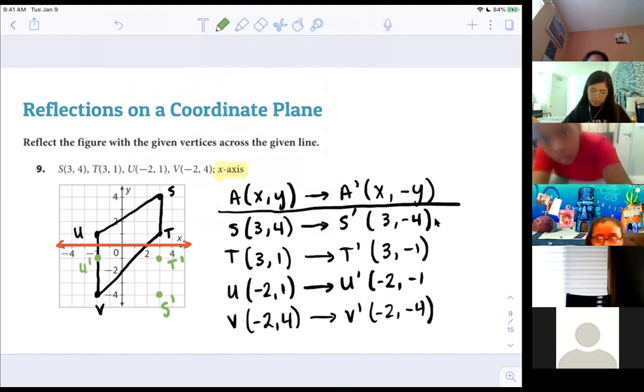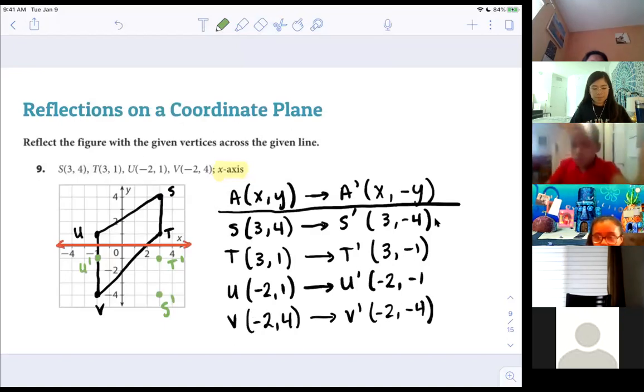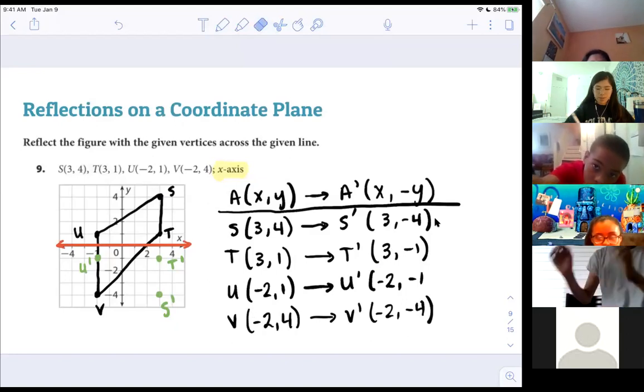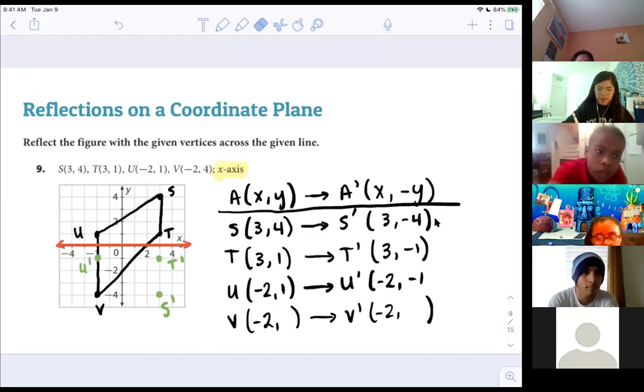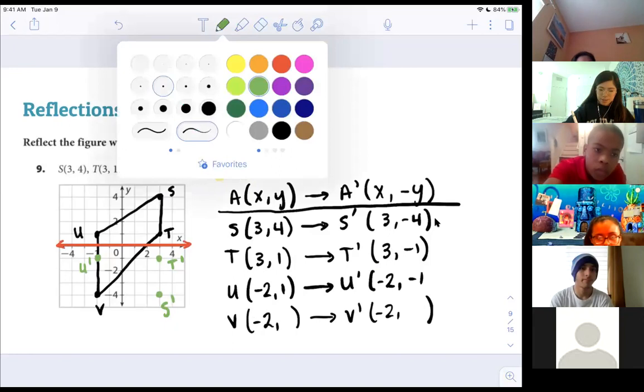Let's see. Oh, wait, never mind. I actually see what I did wrong, which is that I wrote down the V wrong the first time. But I'm just going to keep going with what I have, because it's more interesting anyways.